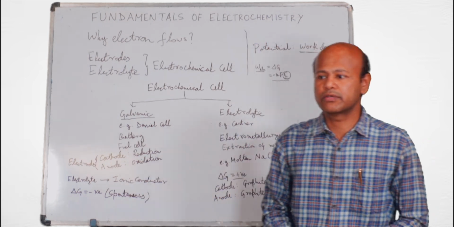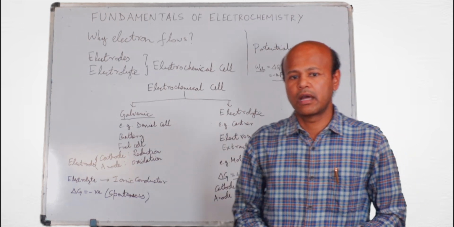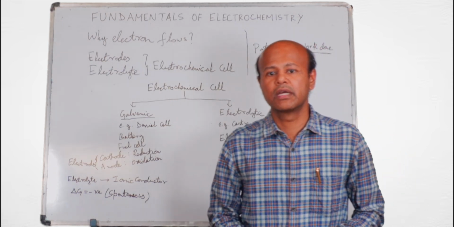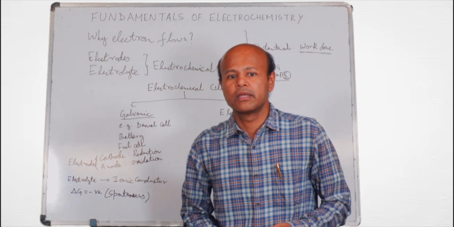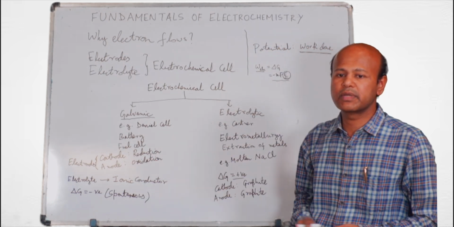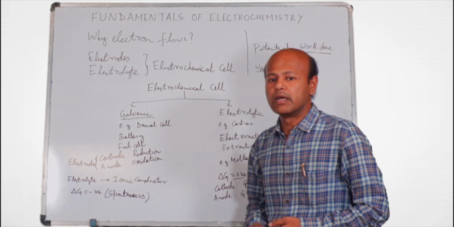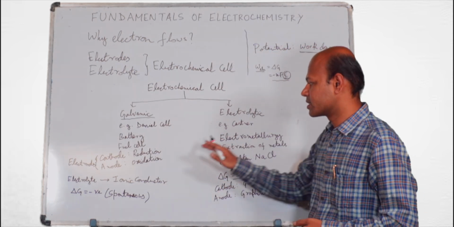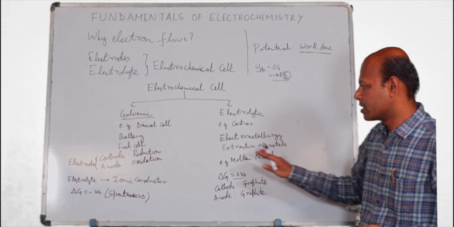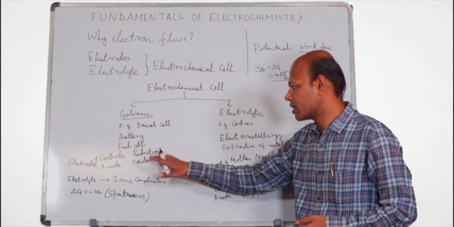So about the electrodes, electrolyte, electrochemical series, and how to combine these electrodes, what is the way to combine. Based on the Fermi energy level, we have two types of electrochemical cell, that is galvanic cell and electrolytic cell. So what is the basic difference between these? Another thing is the charge of the electrode.